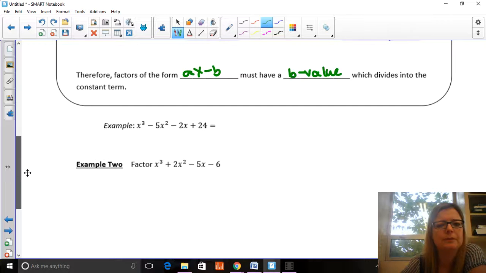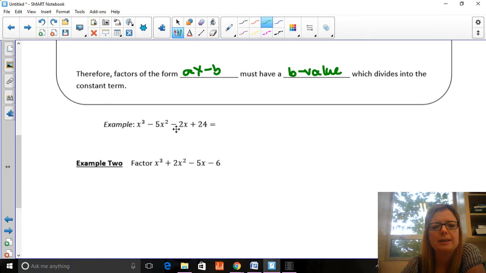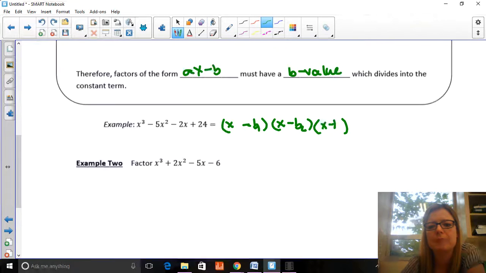So for example, if you have this, okay, this is going to give us 3 factors when we divide it, if it's perfectly factorable, okay? So it's going to give us x minus b1, that's our first 0, x minus b2, and x minus b3. Okay?